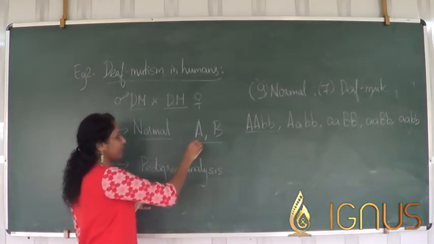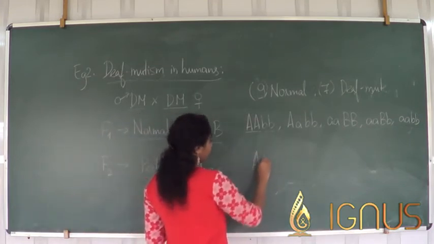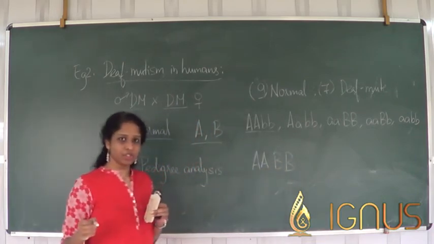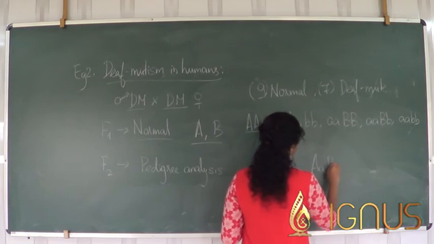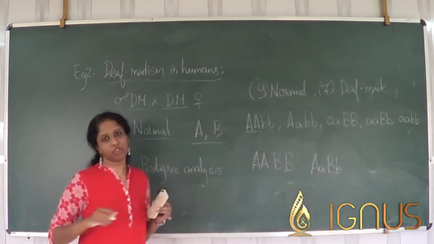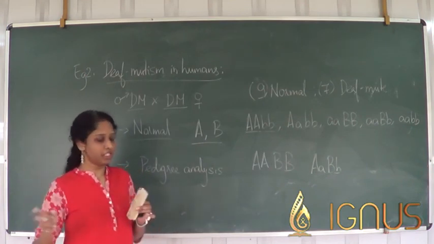But only if it is either homozygous dominant, as in you have this genotype, or you have heterozygous dominant, which would be this genotype, then you have normal human beings who would have normal hearing and normal speech pattern.